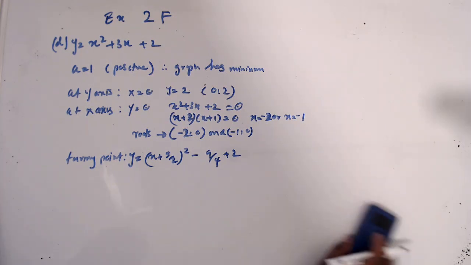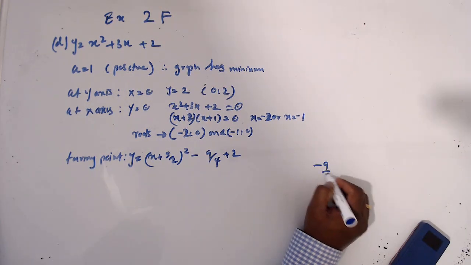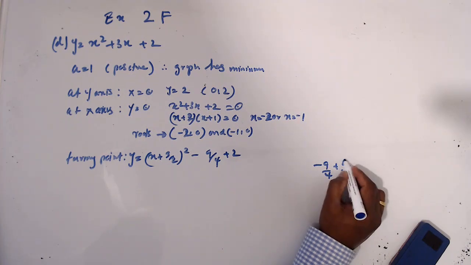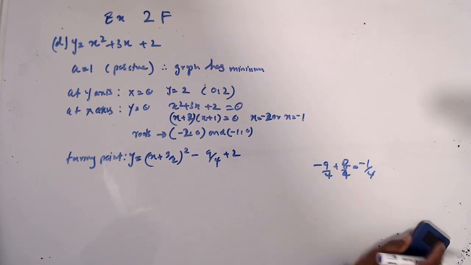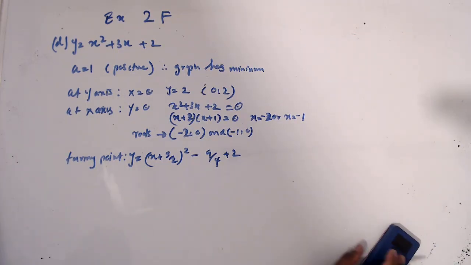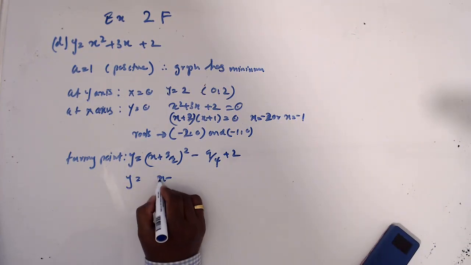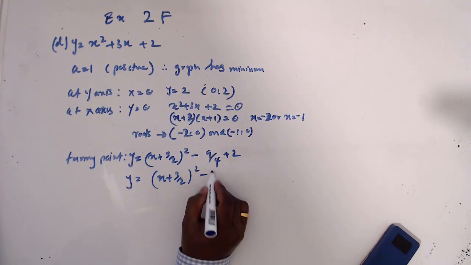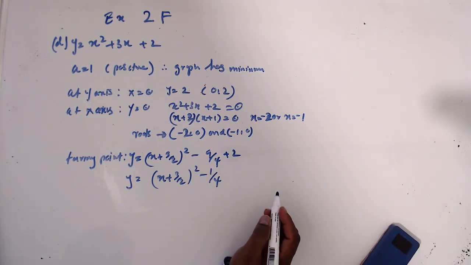So minus 9 over 4 plus 2, and this is going to be 8 over 4 minus 9 over 4. Like (x plus 3 over 2) squared minus 1 over 4.